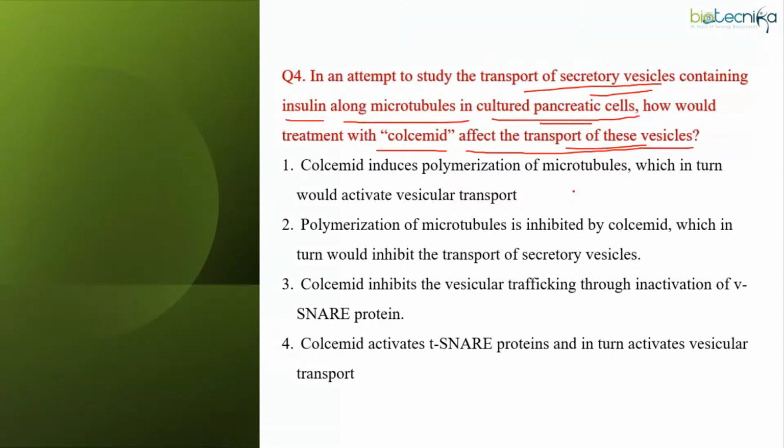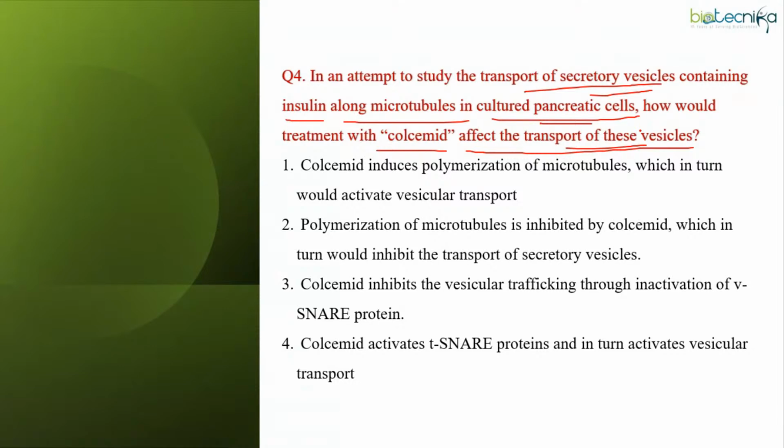So somewhere this question is relevant to the inhibitors, right? They have mentioned microtubules. How can the treatment of colchicine affect the transport of vesicles? Which vesicles? Secretory vesicles. Secretory vesicles usually come from where? Usually from the Golgi complex only.